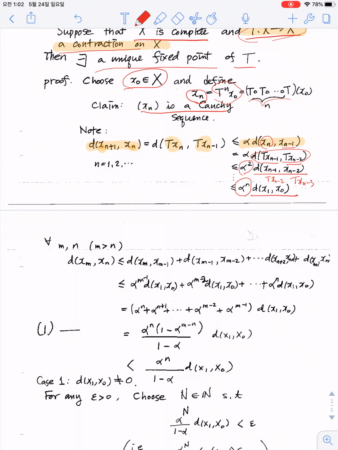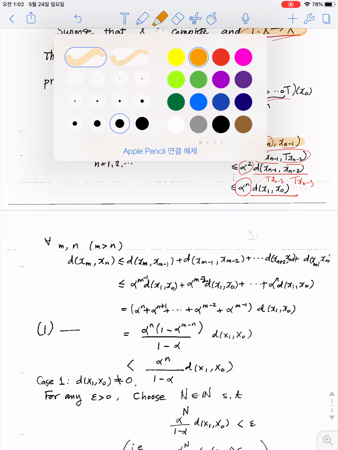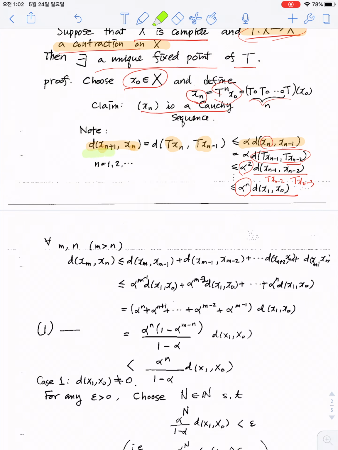So for every n, the distance between xn+1 and xn is less than or equal to alpha to the n times the distance between x1 and x0. You remember this one?